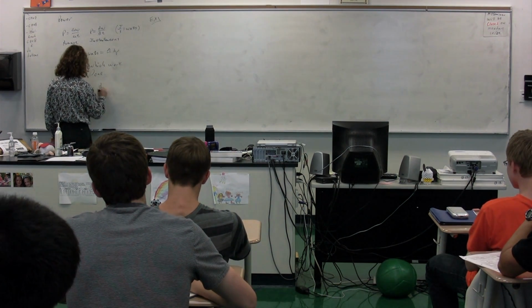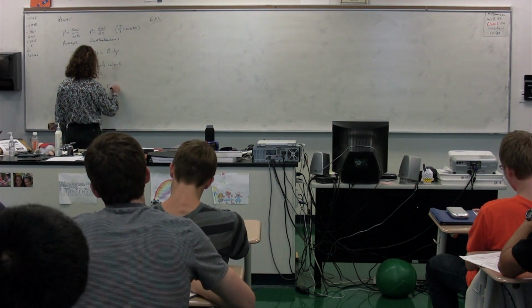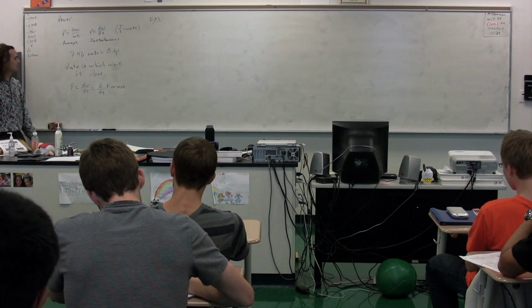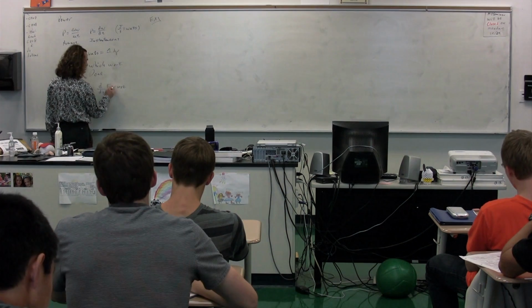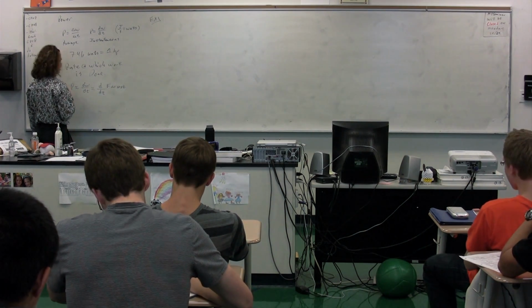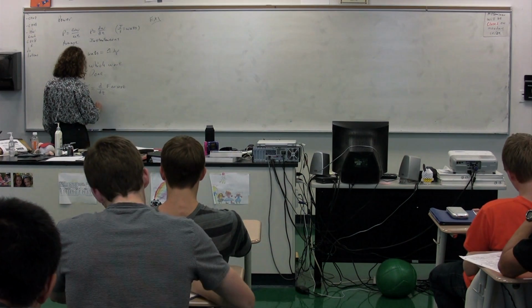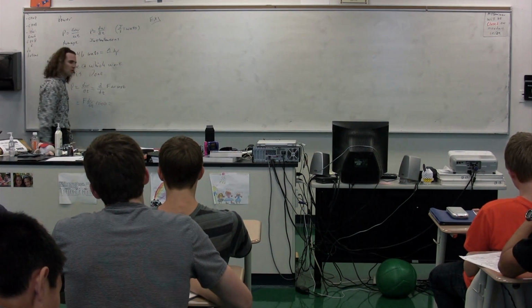The derivative with respect to time of F delta R times the cosine of theta. If the force is constant, then it's going to be the derivative of the position. So it's going to be equal to force times the derivative of position with respect to time times the cosine of theta. What is the derivative of position with respect to time?